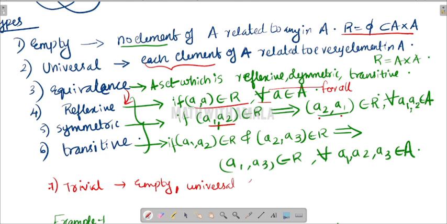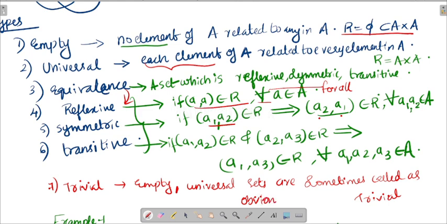Then the transitivity: a1 and a2 related, a2 and a3 related. If the two conditions are already applied and a1 and a3 are related, then we can say that it's a transitive relation. Simply, 1 related to 2, 2 related to 3 should imply 1 related to 3.